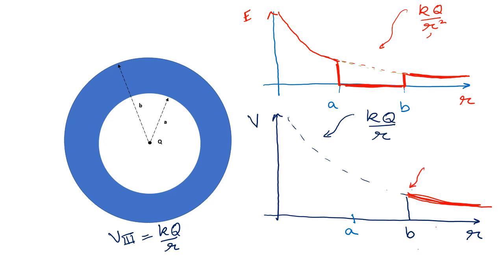It has a value of KQ by B here. Potential remains constant.